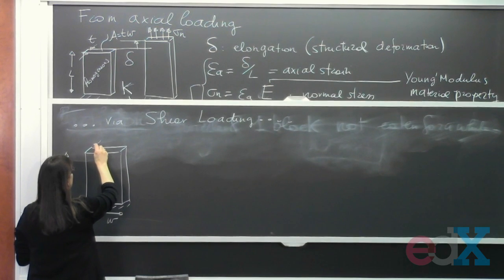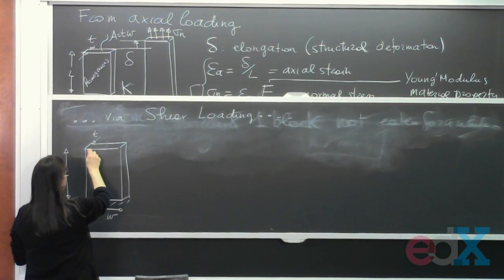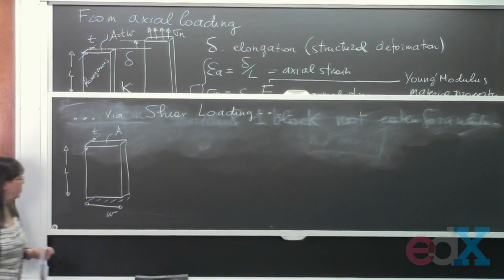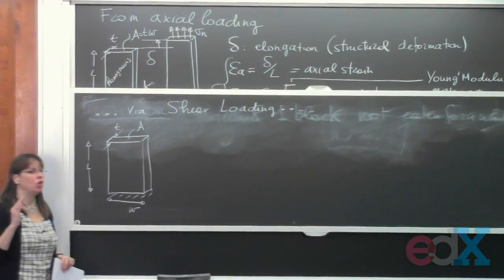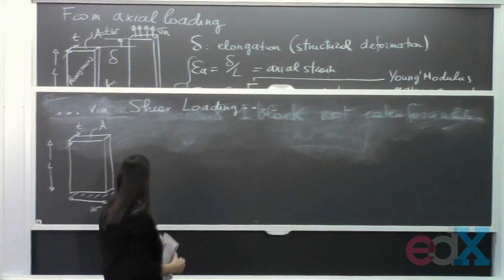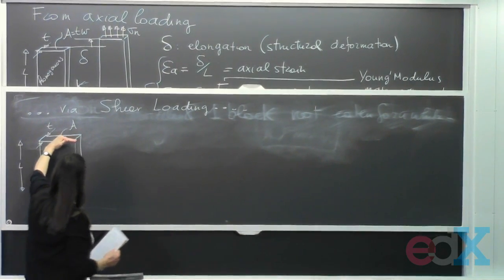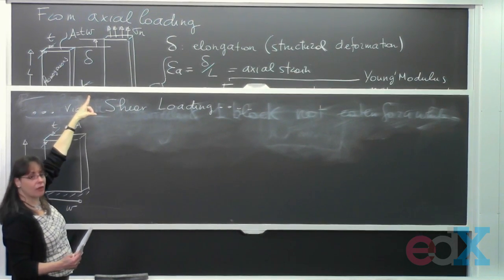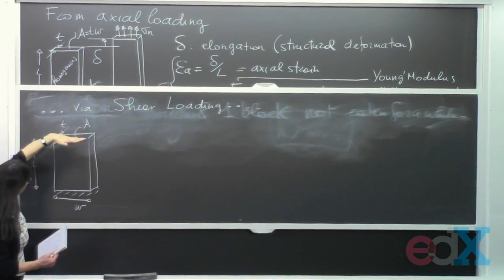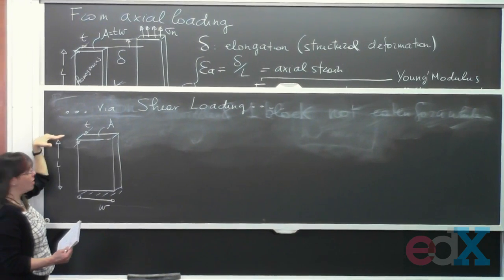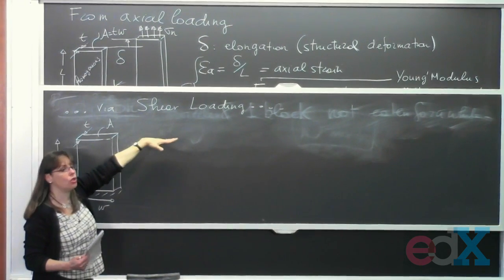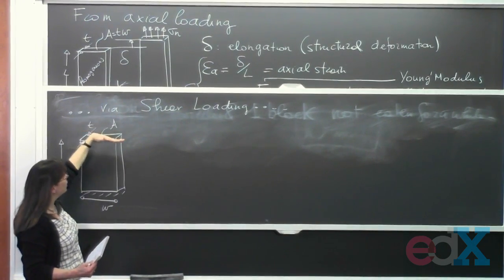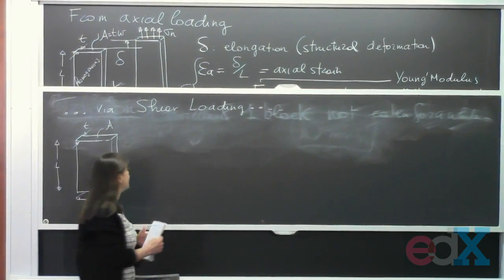And the thickness is still T. So the cross-sectional area is still A. Now I do something completely different. Instead of going over here and forcing it to move up by a certain amount delta, I take this top surface and I make it move parallel to the surface itself. Okay, so here I was moving it up. Now I'm moving that to the side.